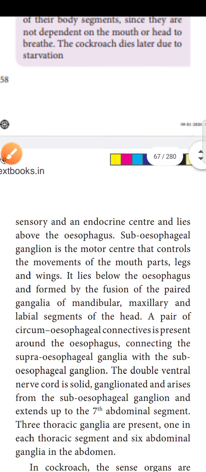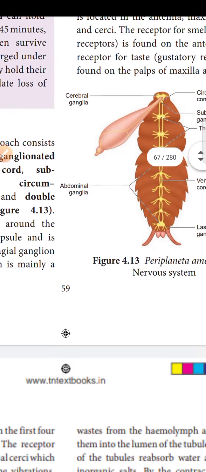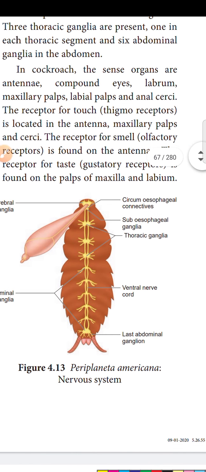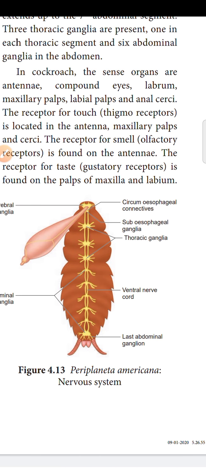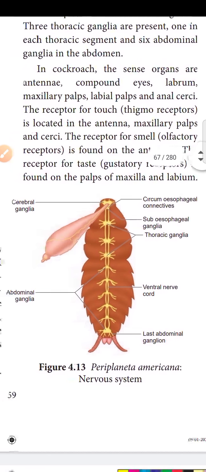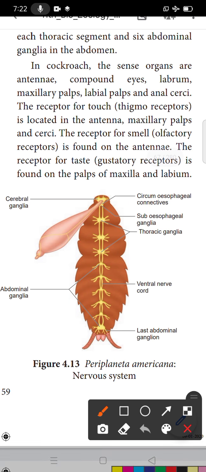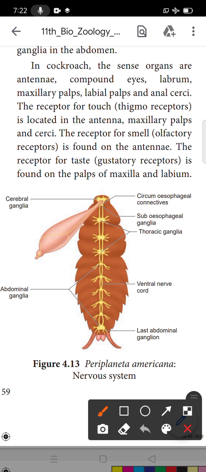Now, the nervous system is the study of the way the body is controlled, normally divided into CNS, PNS and ANS. The cockroach body, Periplaneta americana, has only some differences. So we find out the brain and the other parts as well. This nervous system diagram is present. We will see the nervous system of Periplaneta americana. The cerebral ganglia are present.